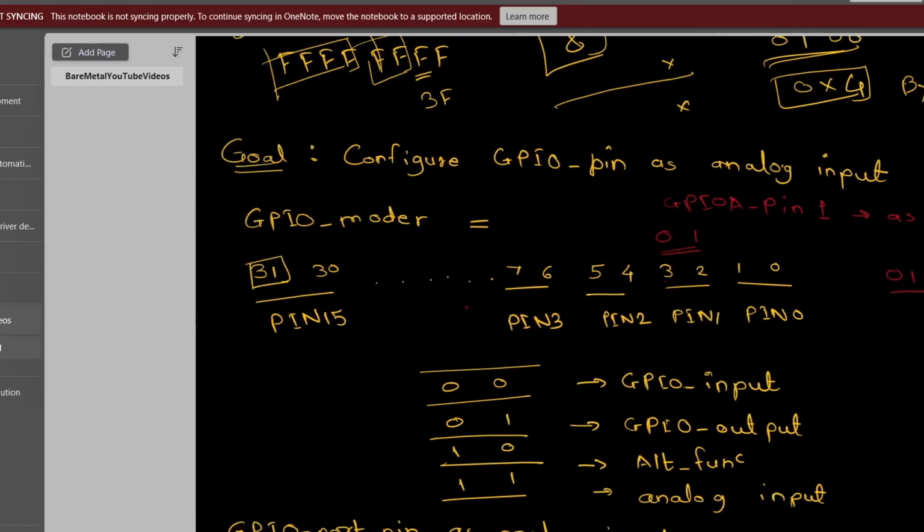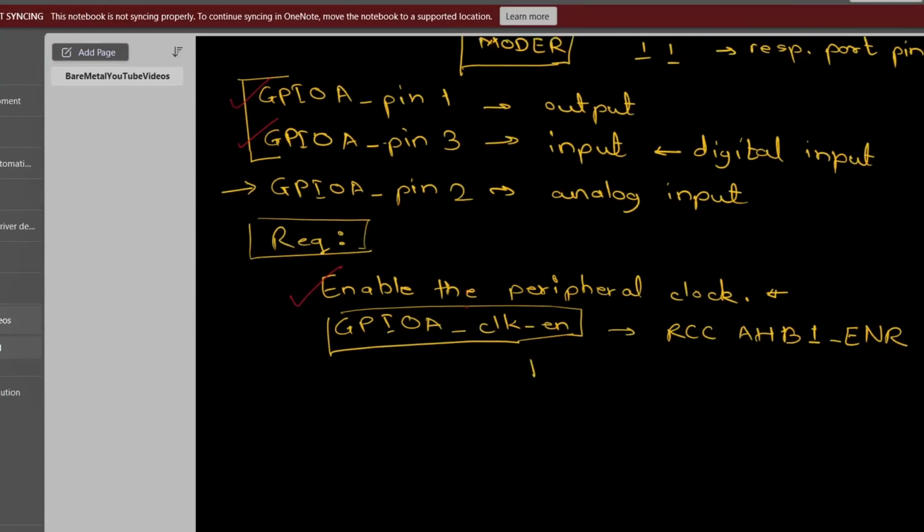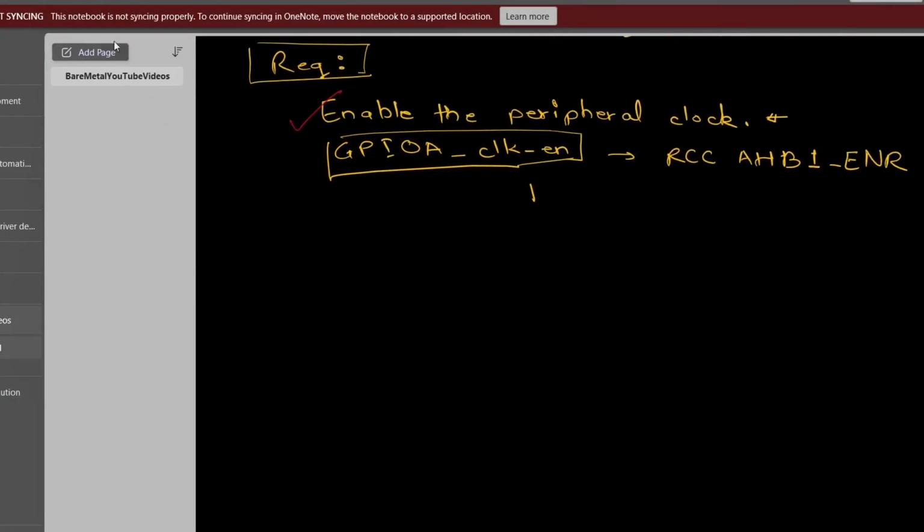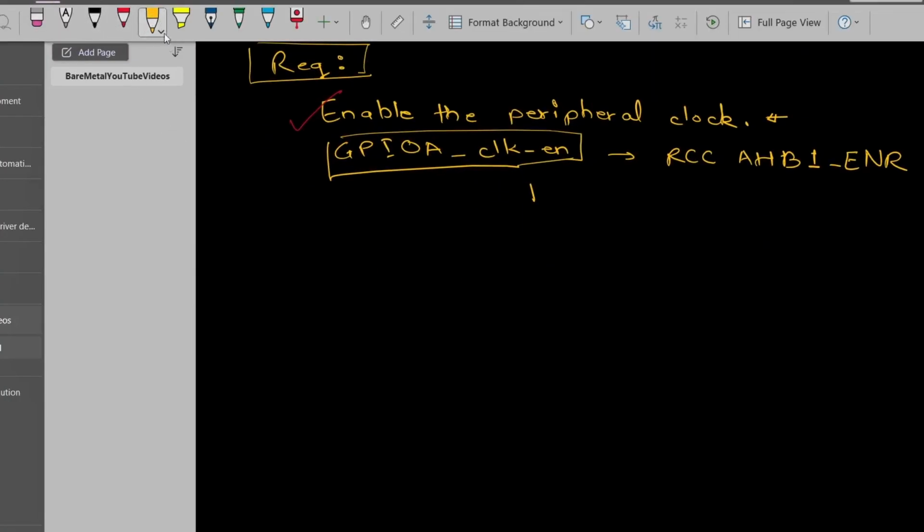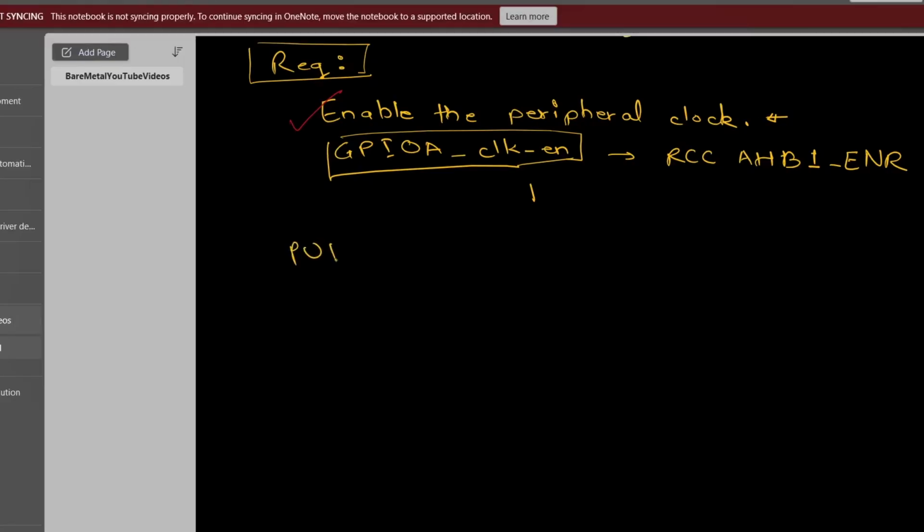So we have seen that the mode register and the pull up pull down register use 2 bits. So the PUPDR register uses 2 bits, 0, 1, 2, 3, 4, 5, 6, 7, and likewise if we go on.